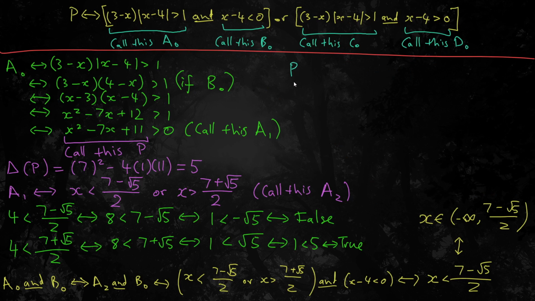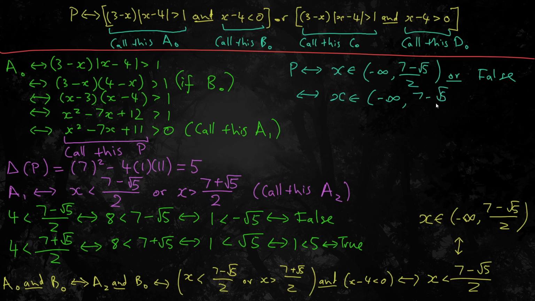So we're trying to rewrite P using interval notation. Case 1 is the condition x in negative infinity through to 7 minus root 5 over 2. Case 2 is just not true. That can never happen. And so this is equivalent to x in negative infinity through to the smaller of those two roots.